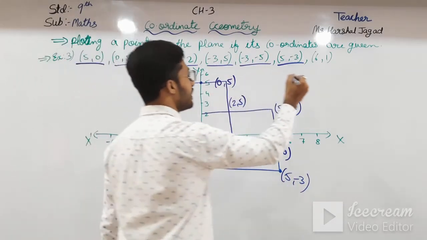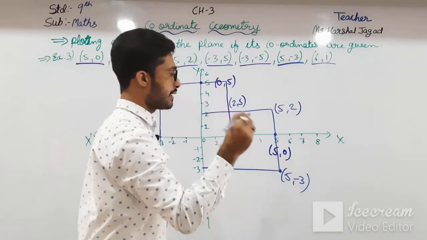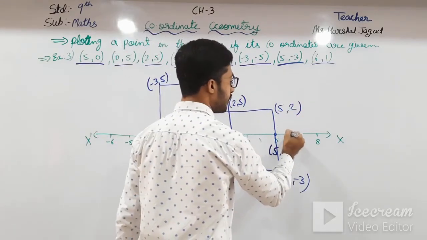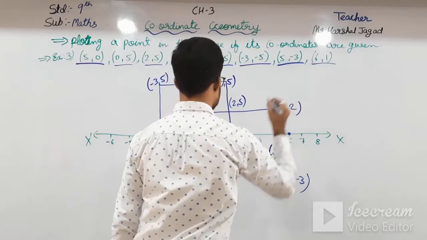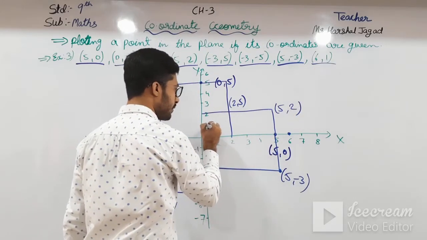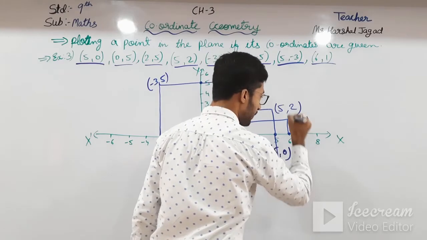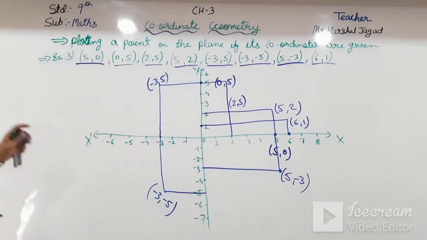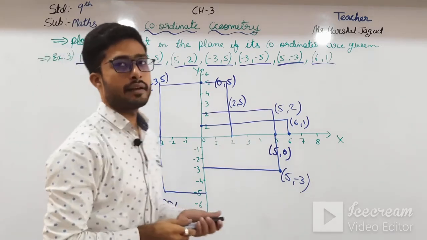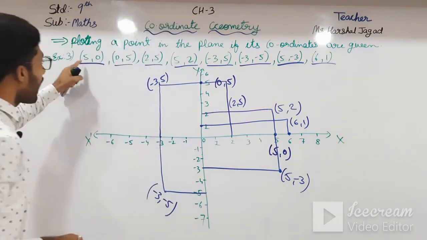Now 6, 1, positive 6. Here is positive 6 and positive 1. So it is over here. So just joining that, this is 6, 1. Okay students, if you want to draw this, then you can draw it. I am explaining it again. See here, 5, 0.